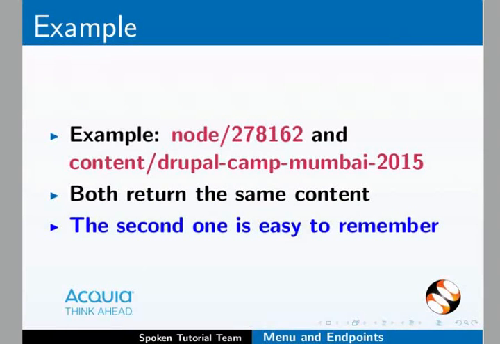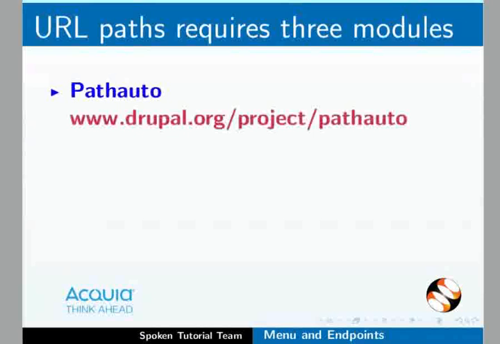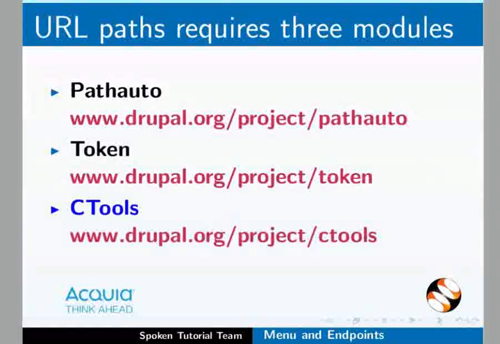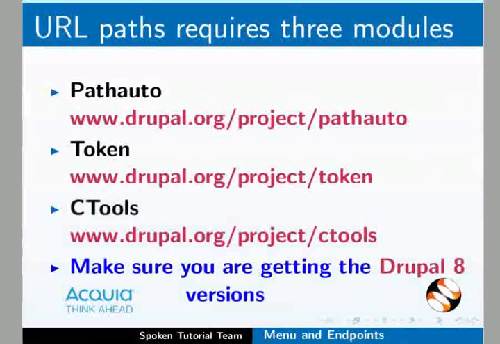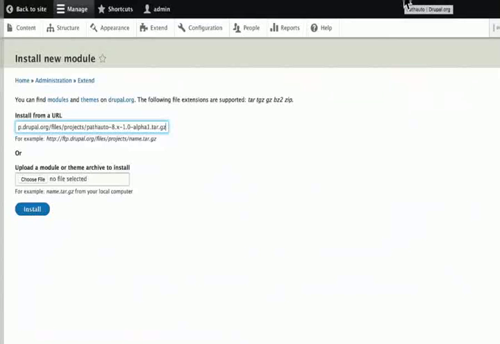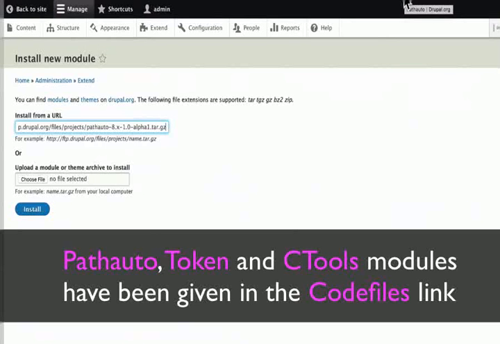Let us now create URL patterns that will apply to all the contents we have. Setting up URL paths require three modules. Those three modules are the pathauto, token, and ctools. Please go ahead and get the pathauto installed on your machine.